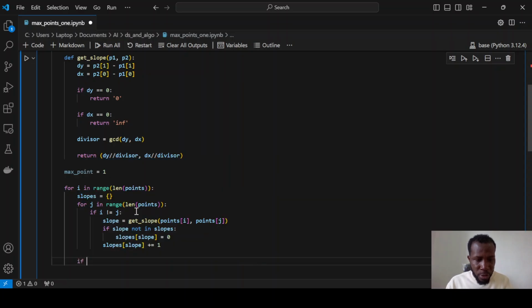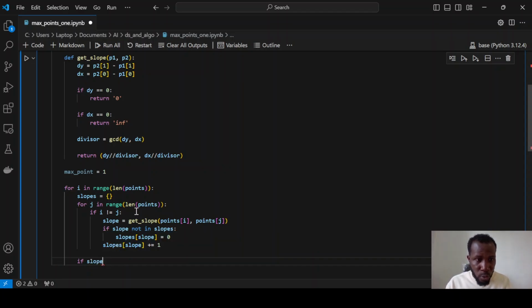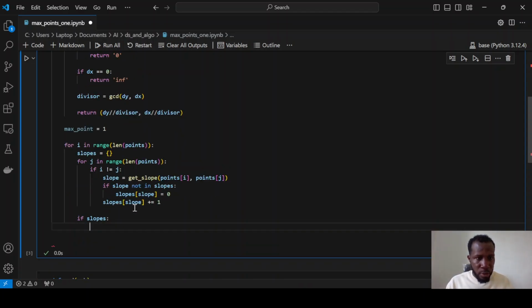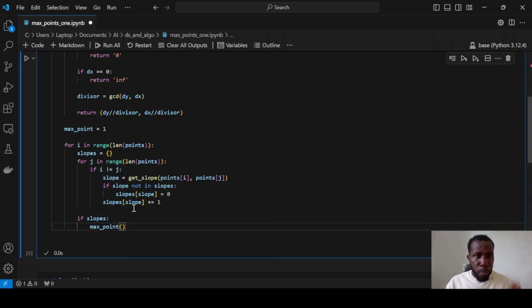So if there's any value in the slope, which means the gathered number of points for each slope, then we're going to get the maximum points. We are comparing with the one we already have, which is 1.